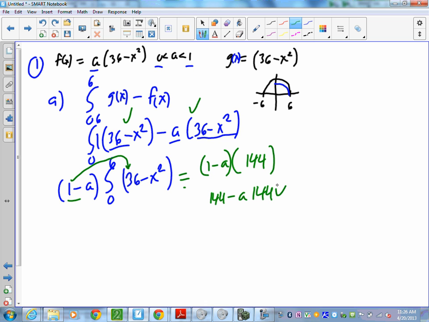Okay. On part B, they say find the equation of the line that's tangent to f at the point 6, 0. So at 6, 0, which is this spot here, we're looking for the tangent, right?